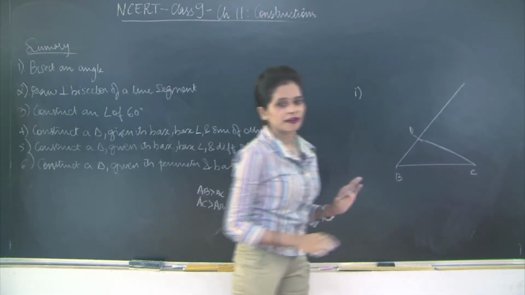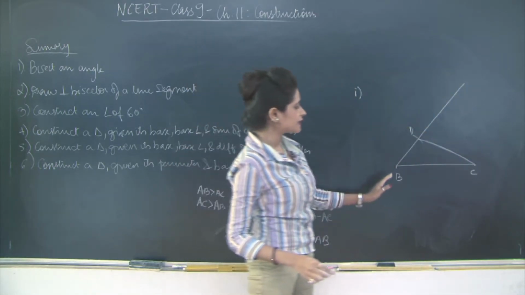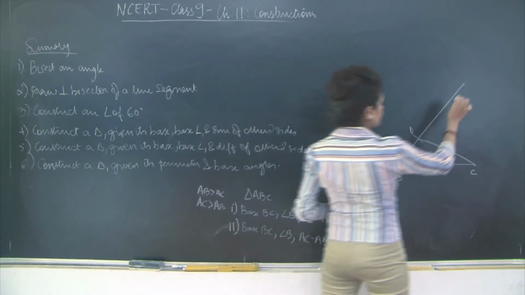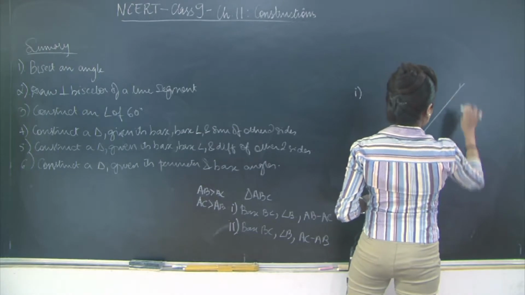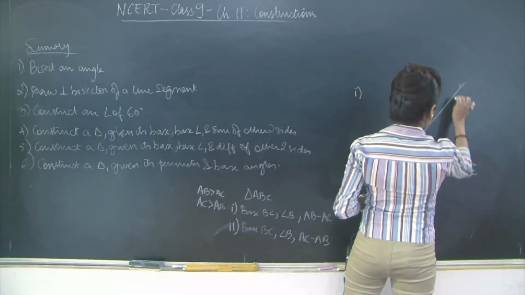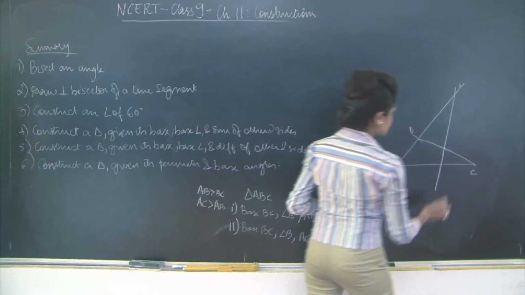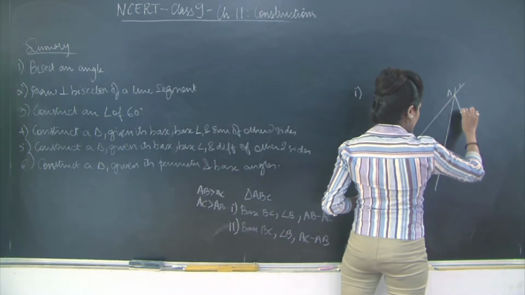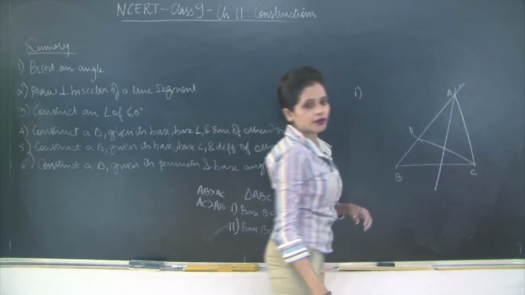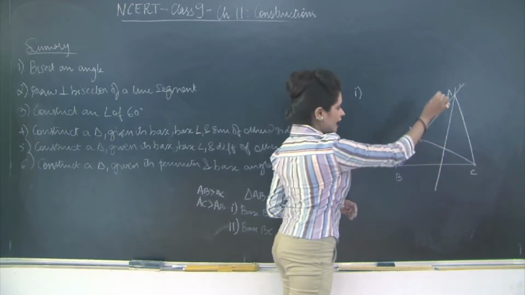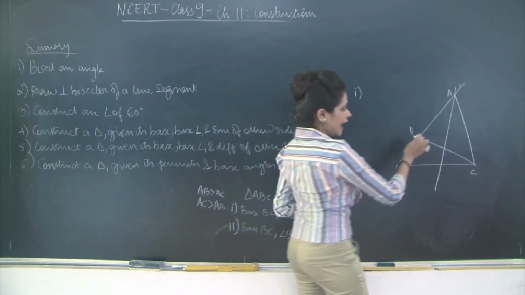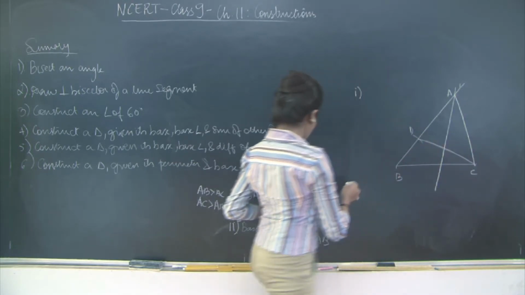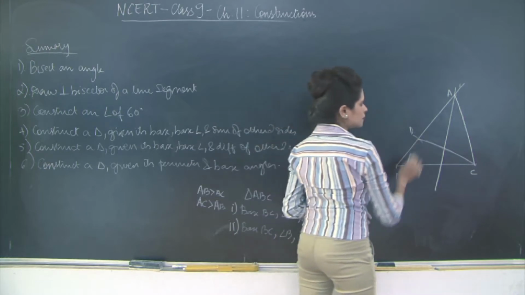And you're going to draw the perpendicular bisector of DC such that it intersects the extended ray BD at point A. So if this is my perpendicular bisector of DC, it will intersect BD at point A. So ABC is your required triangle, where BC is the base, angle ABC is the required angle, and you have AB minus AC equal to this length BD.